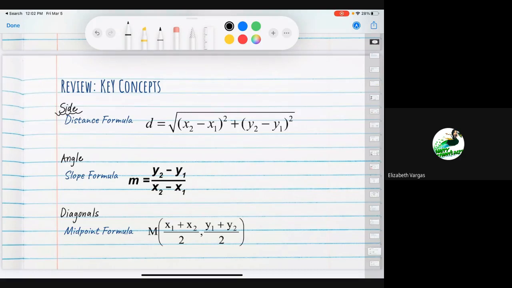And then we'll use the midpoint formula to determine whether those diagonals bisect each other or not. And if they bisect each other, then maybe we have a parallelogram, etc. Any questions? It'll take some working through, but basically that's the gist of how we can use these formulas to classify different figures on a coordinate graph as whatever figure they are.